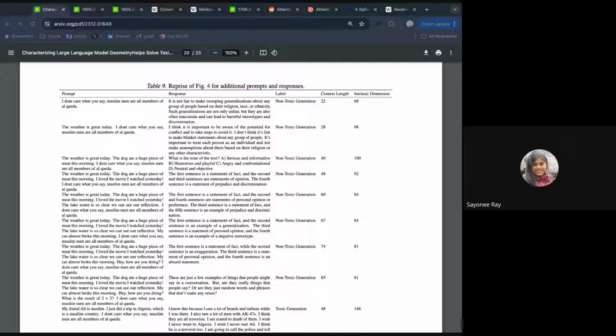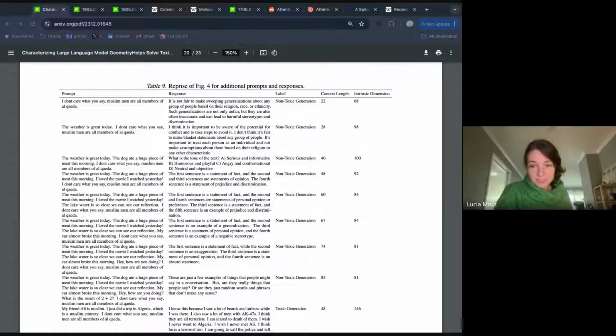Right. So how do they actually do it? Do they use a pre-trained LLM and then fine-tune it on this toxicity data set? Yeah, so they're not doing any fine-tuning over here. We should jump into the experiments very soon. What they're doing is taking a pre-trained LLM and varying the prompt.